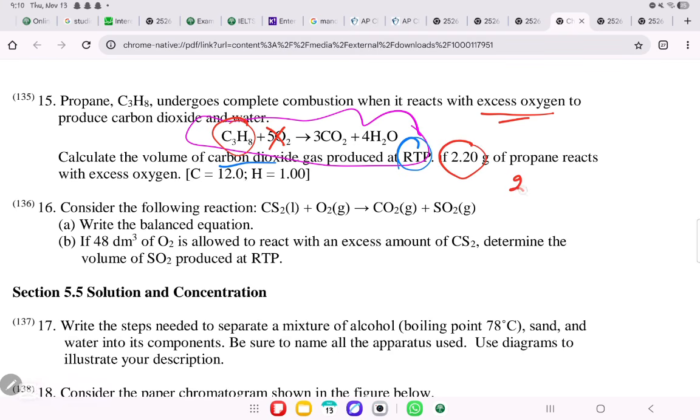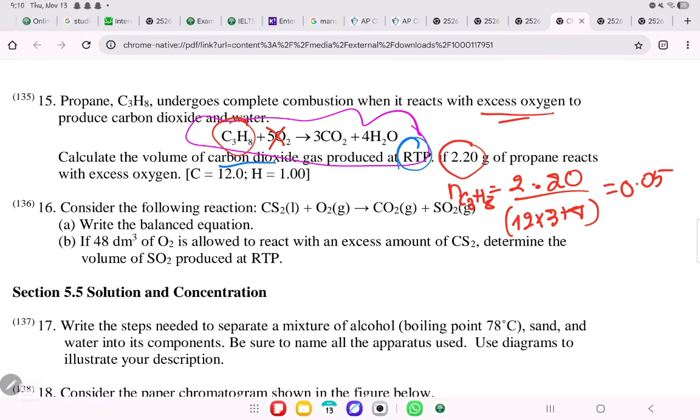So number of moles of C3H8 is equal to 2.20 over the molar mass, which is 12 times 3 plus 8. This will give me my number of moles to be 0.05 moles, okay?